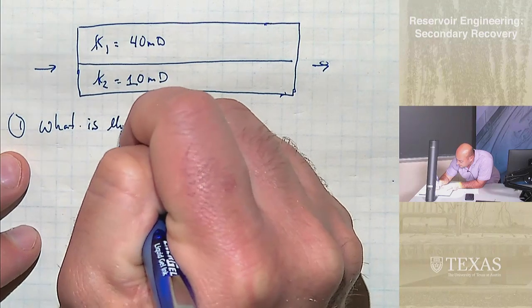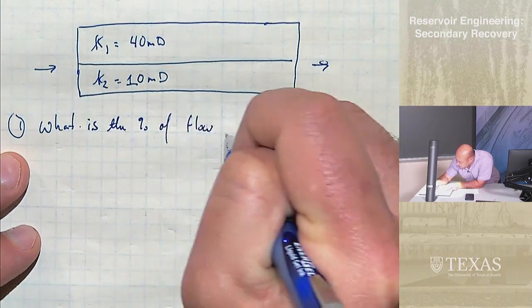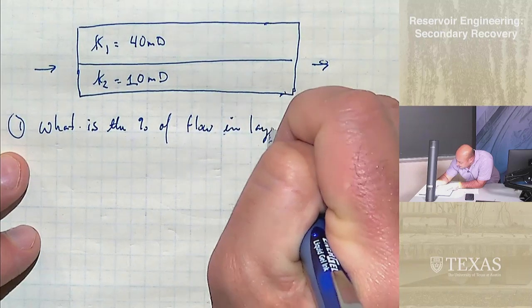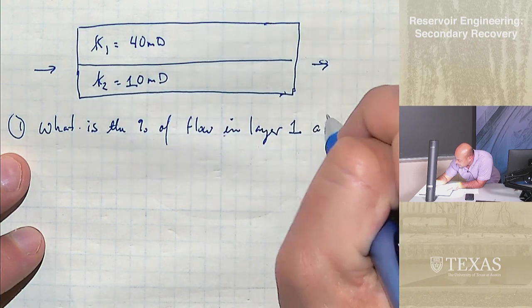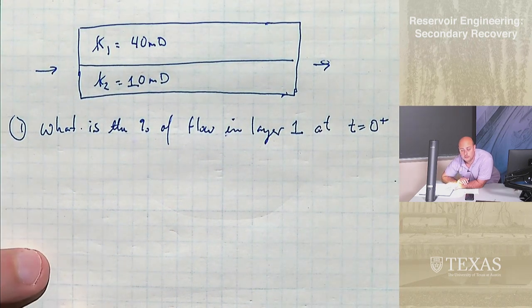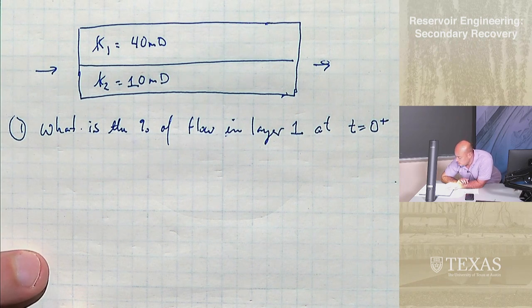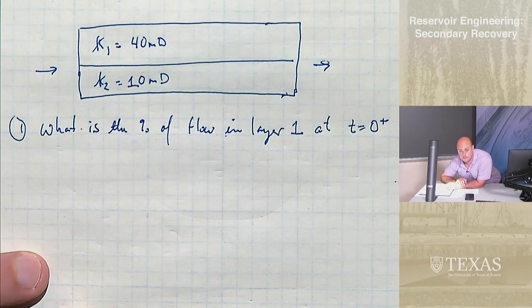So we've got this, and my first question is, what is the percent of flow in layer 1 at time equal to 0 or 0 plus? Right, so immediately after we start injecting fluid, what percent of the flow goes in layer 1 versus layer 2?